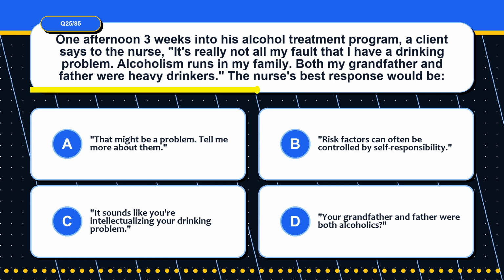Option A, that might be a problem. Tell me more about them. Option B, risk factors can often be controlled by self-responsibility. Option C, it sounds like you're intellectualizing your drinking problem. Option D, your grandfather and father were both alcoholics.